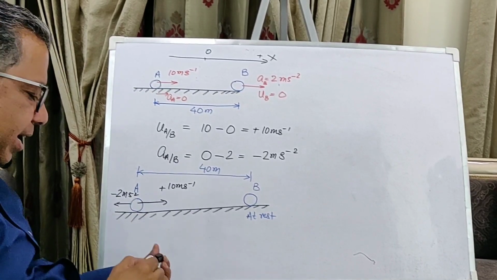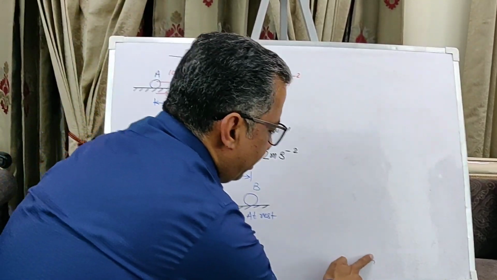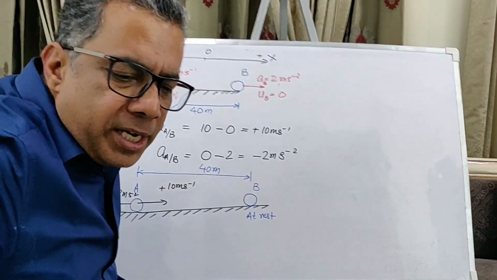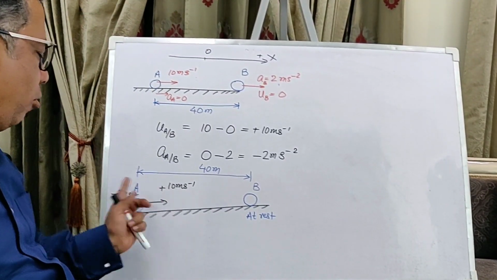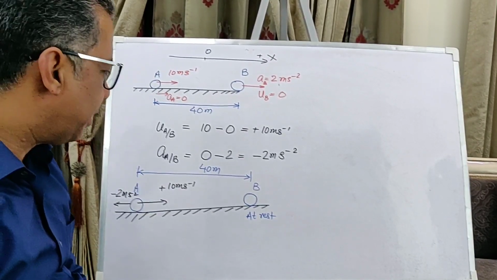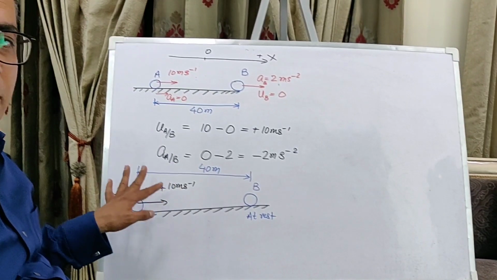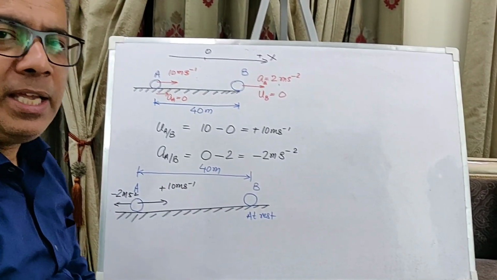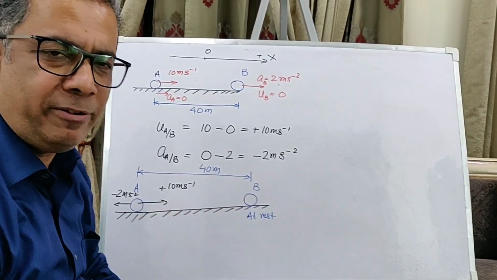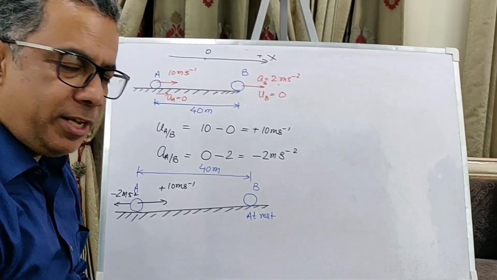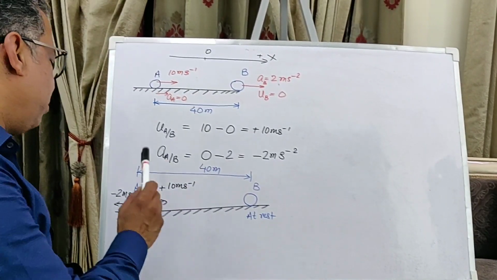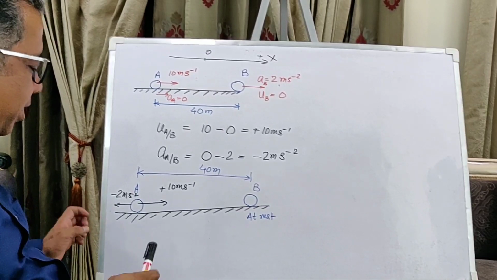So we have a case here where the initial velocity and the acceleration of object A are opposite in direction, as indicated by the opposite signs. Now this kind of a motion invariably involves a turning point. If you recall the previous couple of videos, then you will remember the idea of turning point. The motion of A involves a turning point.